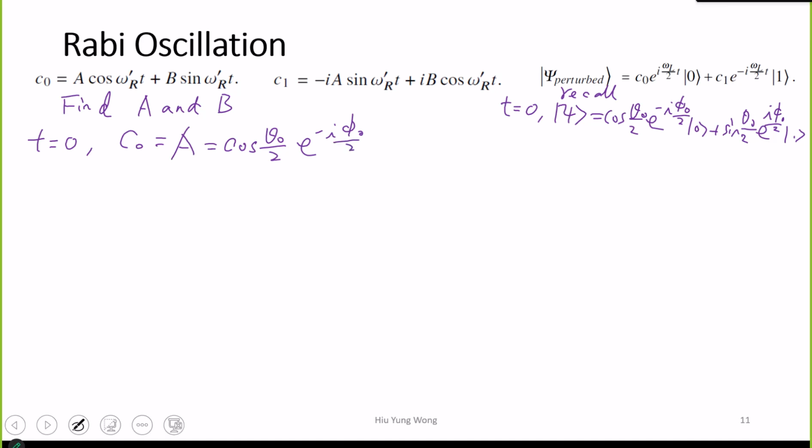Now, how about C1 when time equals 0? Based on what we see here, when time equals 0, C1 equals IB, because cosine 0 is 1 and sine 0 is 0, so I only have IB. And at time equal to 0, this is equal to sine theta naught over 2 e to the power i phi naught over 2.